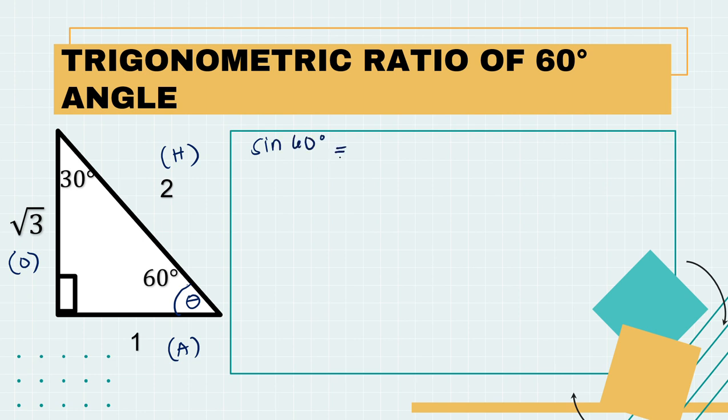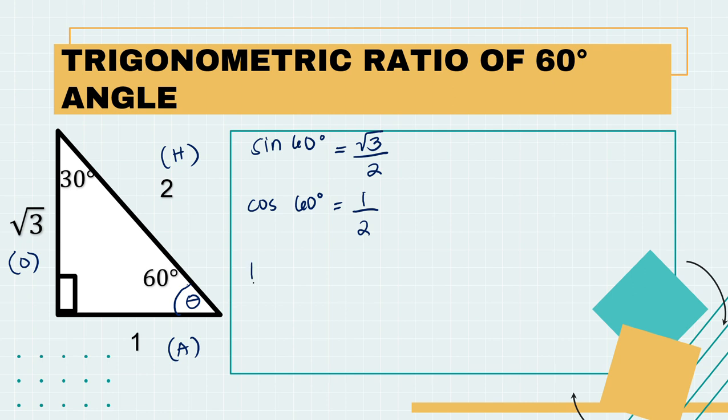Sine 60 degrees is equal to the opposite, which is square root of 3 over the hypotenuse, 2. And then for the cosine 60 degrees, that would be the adjacent side 1 over the hypotenuse 2.